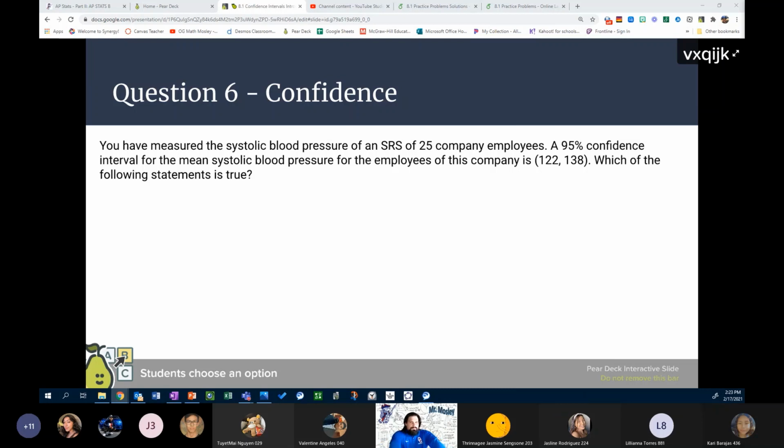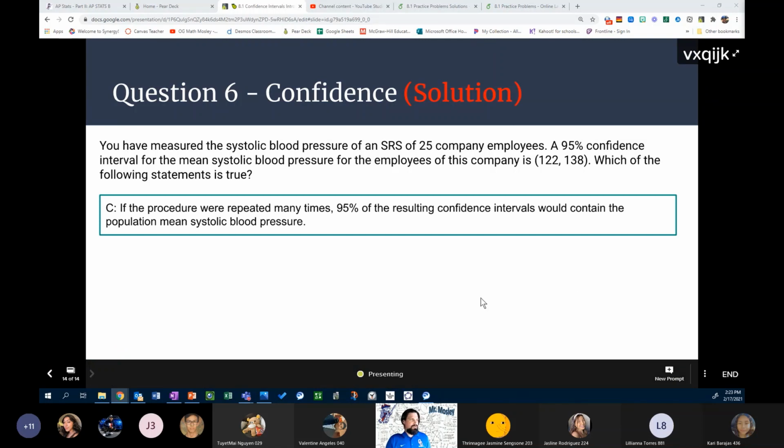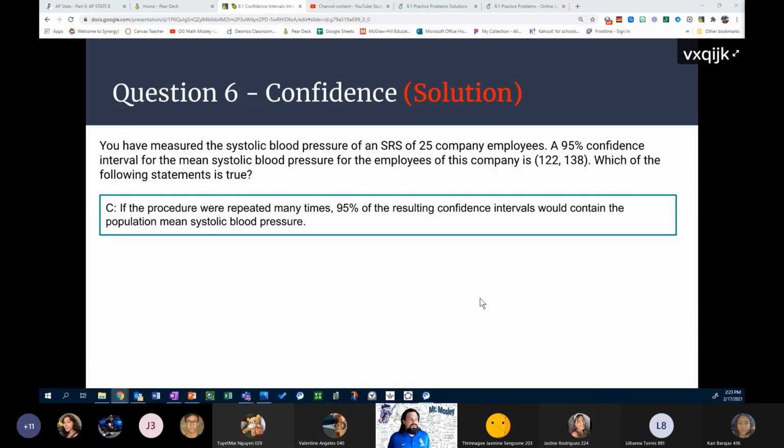Alrighty. So let's consider what we've got going on here. Most of you have answered this question, and I can say 5 of you are correct. So let's look at the answer. The correct solution on that one was C. If the procedure were repeated many times, 95% of the resulting confidence intervals would contain the population mean systolic blood pressure.